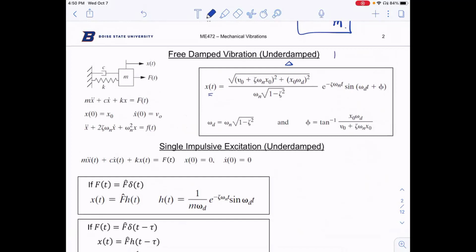For an underdamped system subject to free vibration, the response is something like this: the amplitude is decaying exponentially, and the oscillation frequency is omega d. We call this the damped natural frequency. From the amplitude decay, you can get the damping ratio, and if you have omega d, then you can get omega n. So from free damped vibration, you're able to derive all the system parameters.